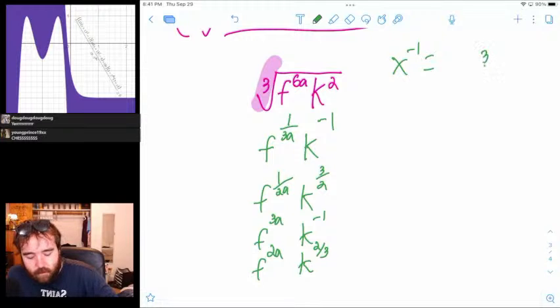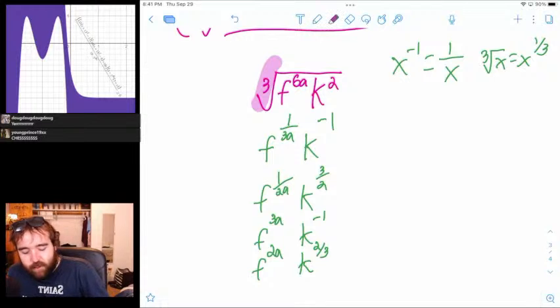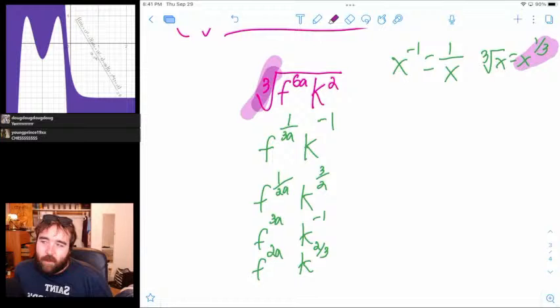You put them over one, like 1 over. Right, so you divide instead. Just at first glance, I like to look at the answers and at least make a guess. It's a cube root, so we expect a third in an exponent. Right. Well, look at the answer choices.